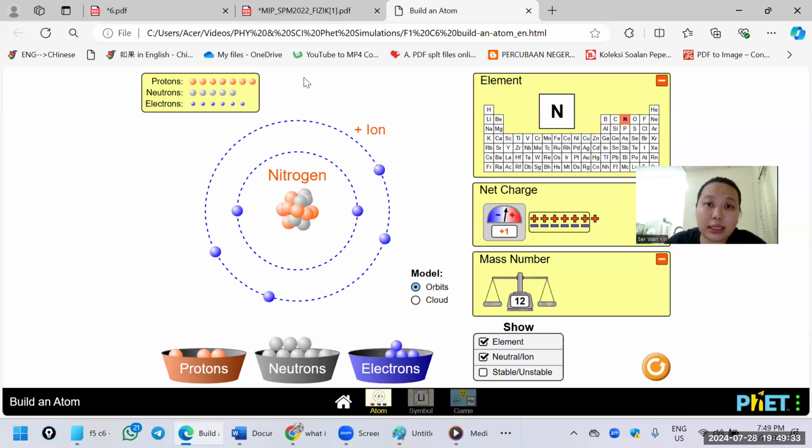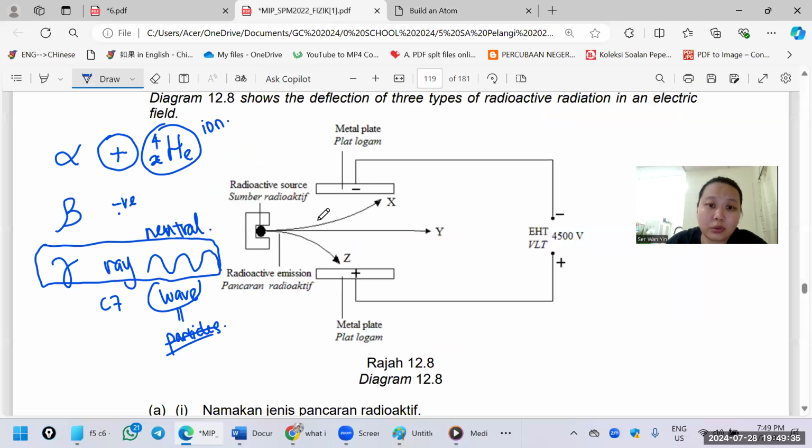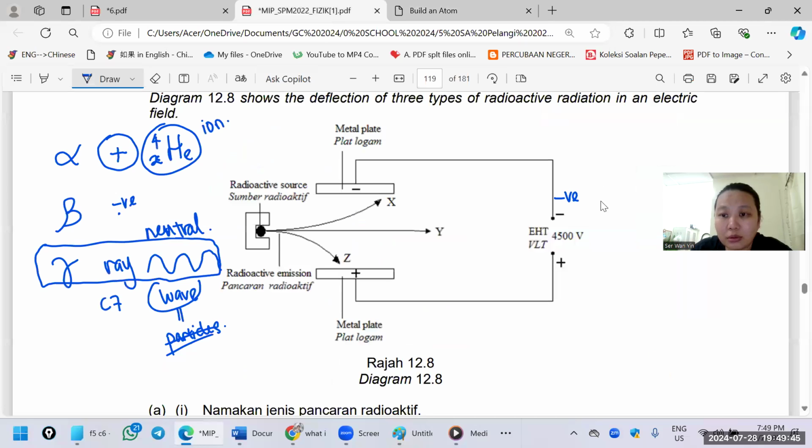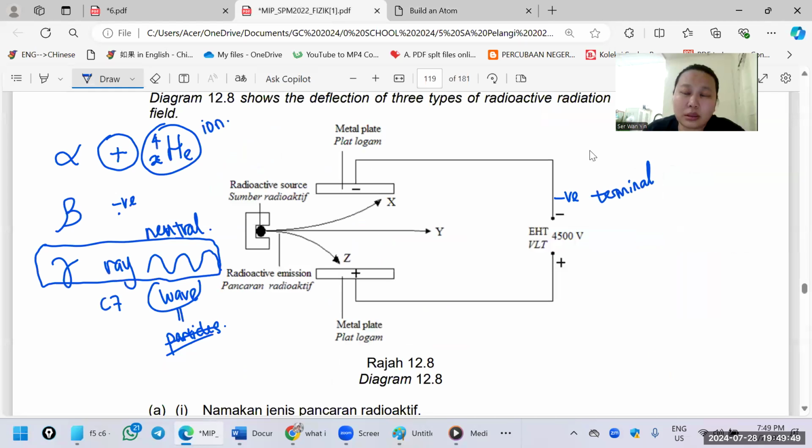Okay, now let's look at this book. So now can you see if we set up the metal plate with this connected to the negative terminal, meaning the battery side. Okay, so this is the positive terminal.